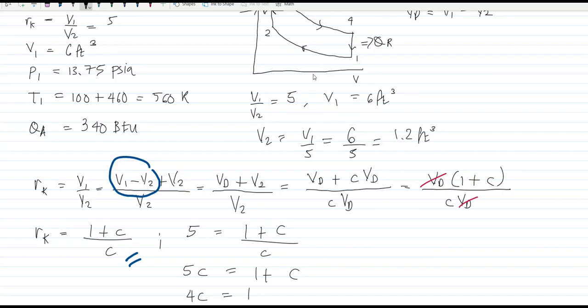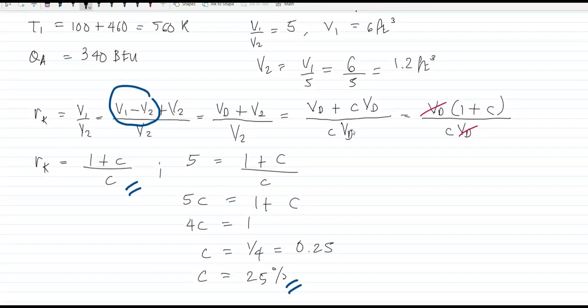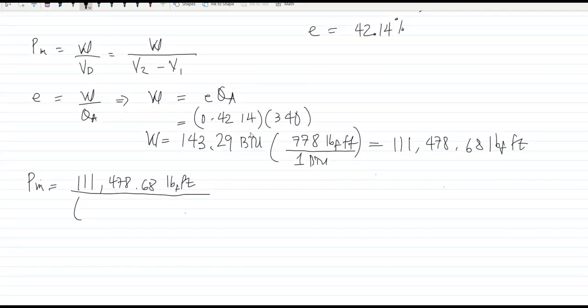I have to correct myself. The displacement volume is actually V1 minus V2 because V1 is greater. So V1 minus V2. Okay. So let's just correct this. V1 minus V2. So 6 minus 1.2, and this is in cubic feet.